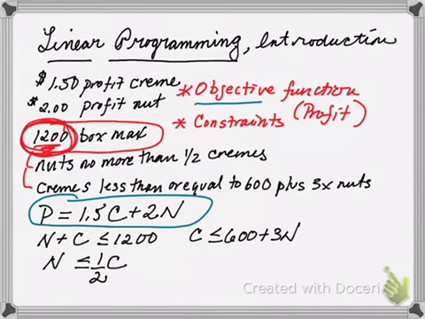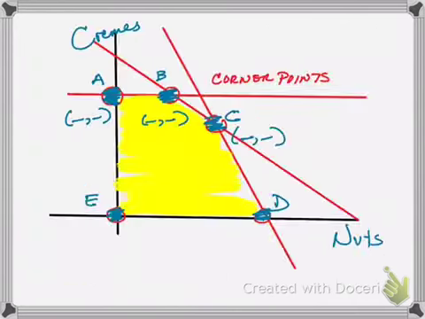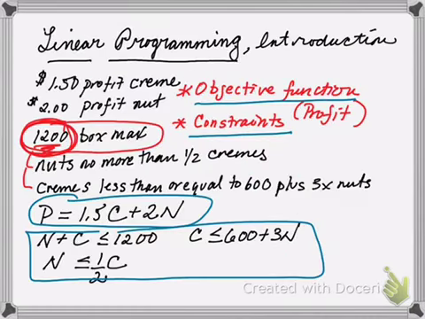We have the objective function. We use the constraints to find inequalities. We graph the system of inequalities, and then we look for the corner points, and we plug the corner points in to the profit equation and see which one maximizes the profit. And this is a process that we can go through in order to optimize some situation.